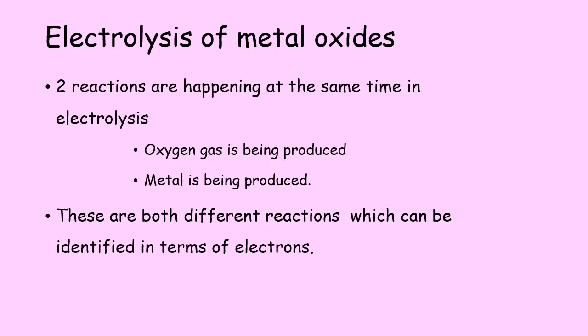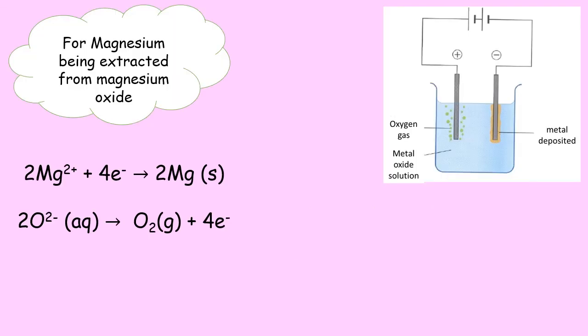Now, what is happening is the electricity is providing and taking away electrons, and we will learn about this in a future lesson. But during electrolysis, you will see oxygen gas being produced and the metal being produced. For example, if we do electrolysis on magnesium oxide, where the metal is being formed, the metal ions are gaining electrons to form the metal.